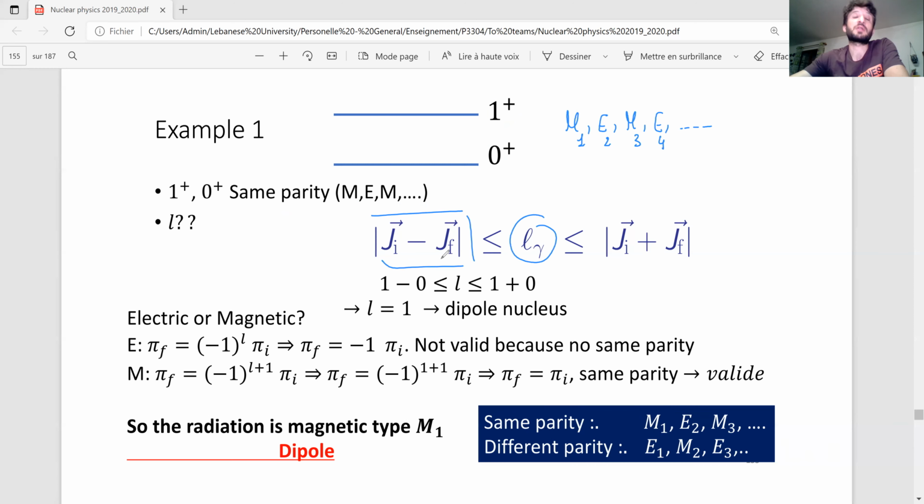It will be between Ji minus Jf and Ji plus Jf. I substitute the values of J initial and J final to calculate L. So L will be between 1 and 1, so we have only one solution, L equals 1.